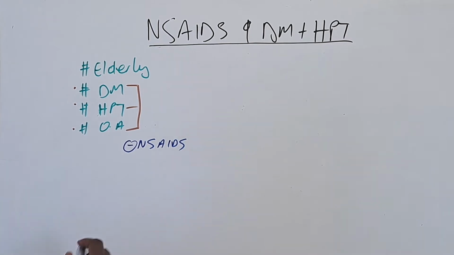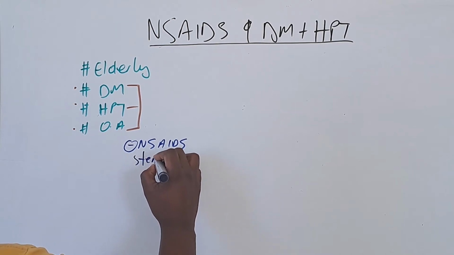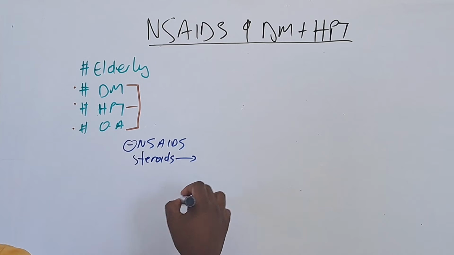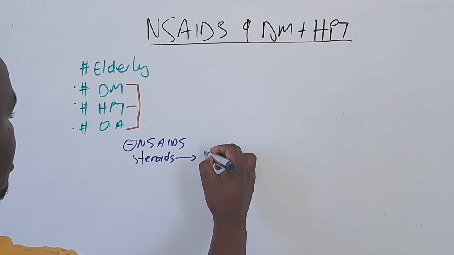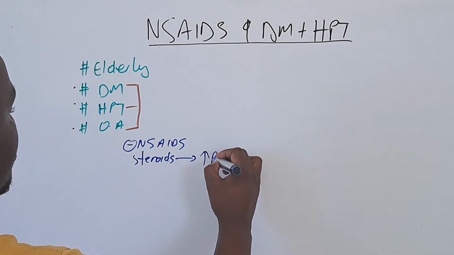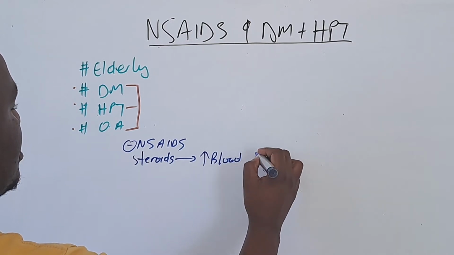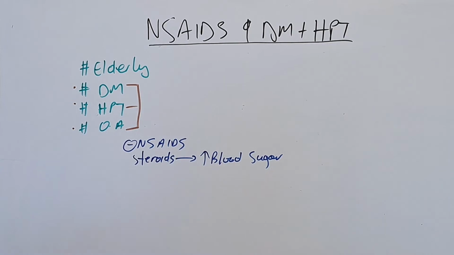At the same time, you can't give them too much steroids because you're going to get the complications of the steroids, one of them being an increase in the blood sugar. If you give them too much steroids because you want them to be pain-free, you'll be worsening the diabetes.